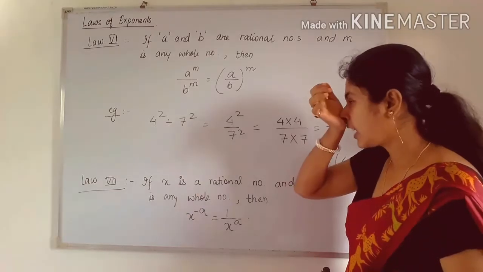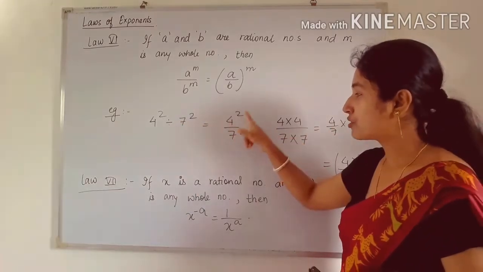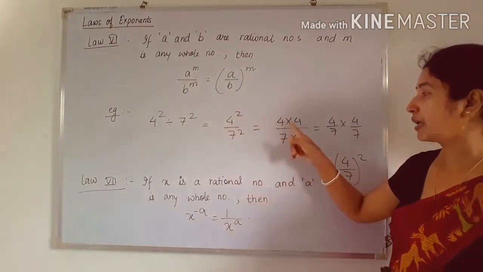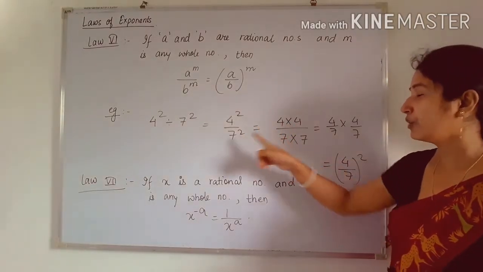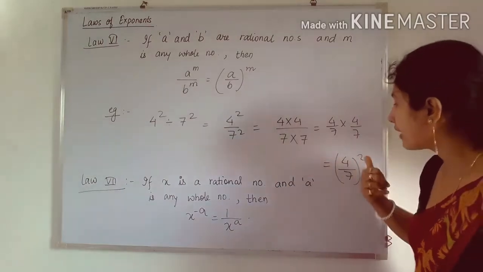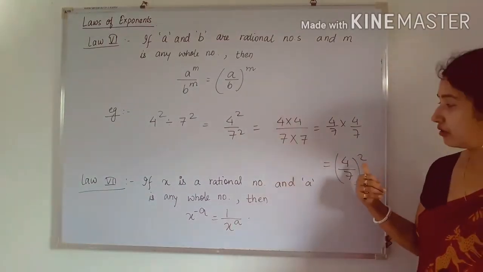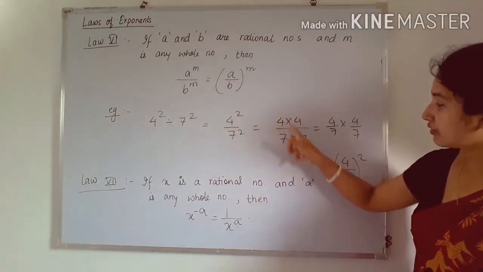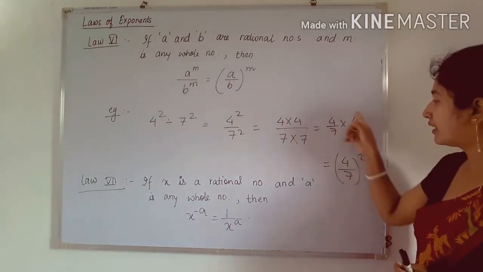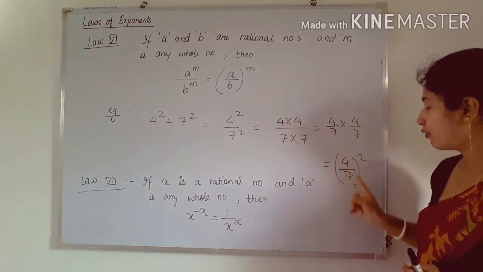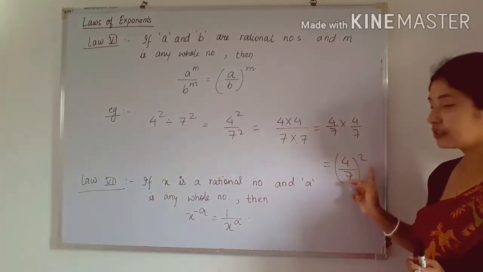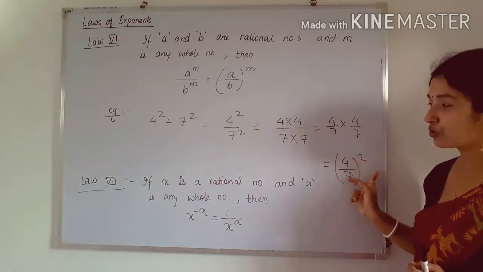So here we can write this as 4 square whole divided by 7 square. Again 4 square can be written as 4 into 4, and in the denominator 7 square can be written as 7 into 7. Finally we can write 4 by 7 into 4 by 7. First 4 with the first 7 and second 4 with the second 7. We can write this expression in exponent form, so 4 by 7 whole square.